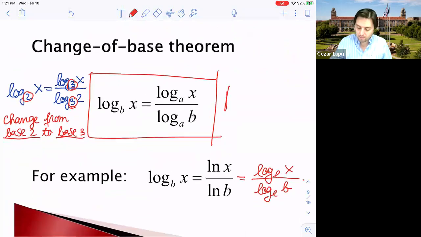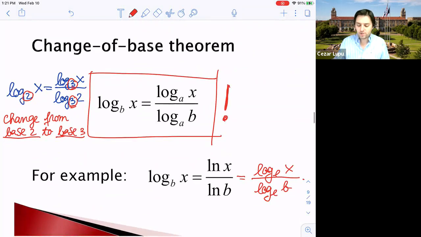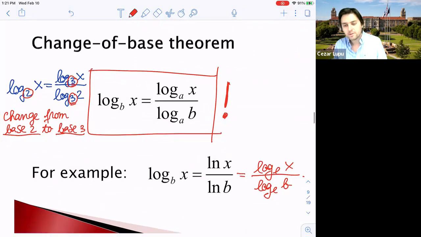So again, this is a very important formula, change of base. Especially when we have equations or even limits, sometimes it's better to write them in a suitable base, which we can work with more easily. You can take other examples as well.